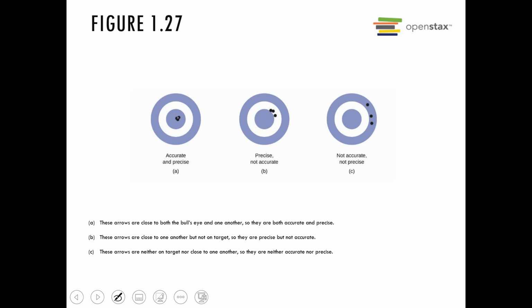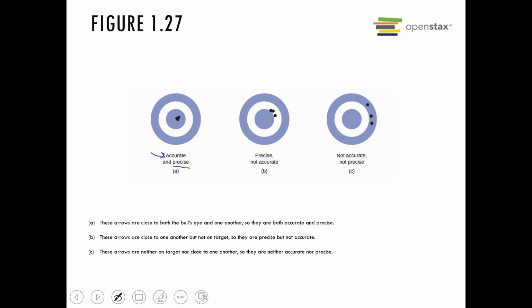We know that the center of the bullseye is the ideal location. That is accuracy, is the center. So if you were to throw some darts and hit the bullseye and then hit really close to the bullseye and then another one that's not quite the bullseye but is really close, you are really close to that bullseye, so you're accurate. All of your measurements were really close to one another, so you're precise.